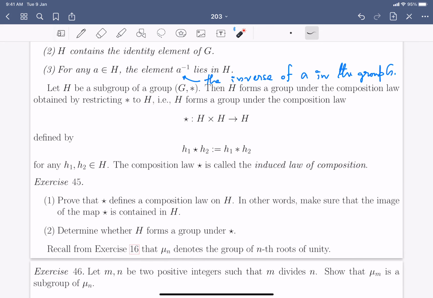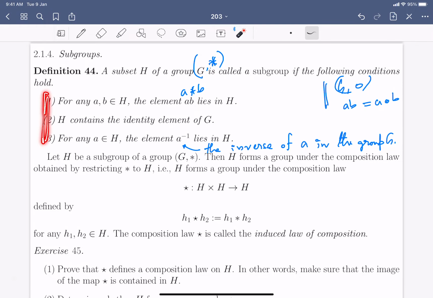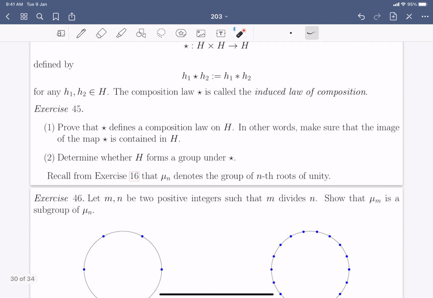As usual, the first task is to show that this does define a composition law on H. In other words, we need to first make sure that the image of the map star is contained inside H. I hope you see immediately, from the definition, that for any a, b inside H, a star b lies inside H. So whatever h1 and h2 you have in mind from H, if we compose them using this composition law, h1 star h2, it has to lie inside H. So by the first condition, we are done with the first part.